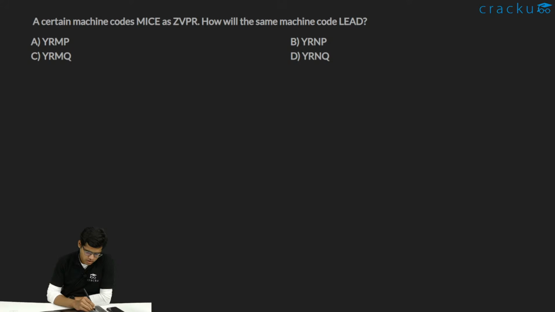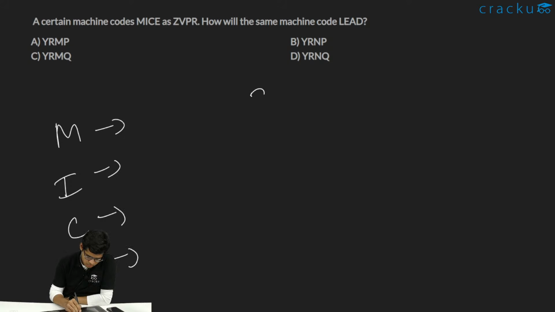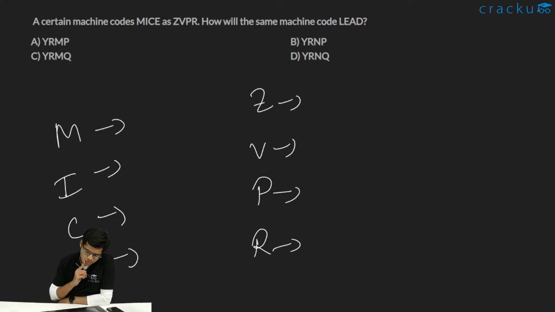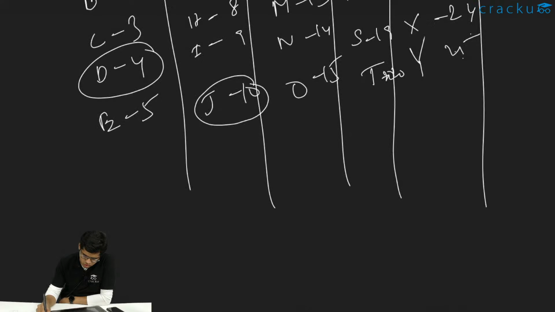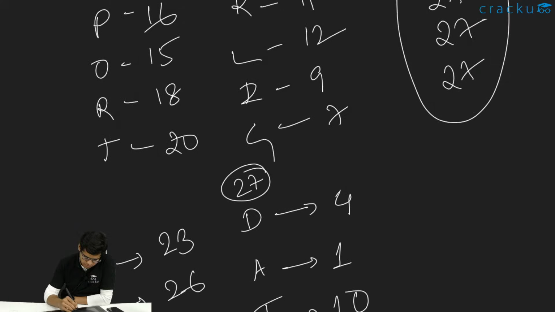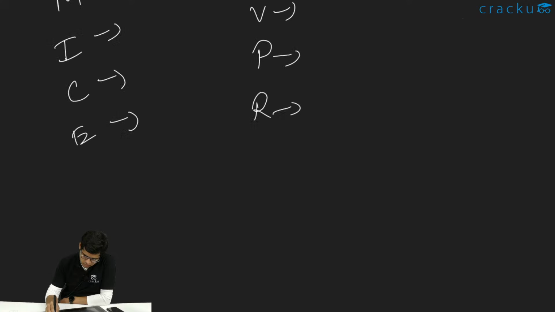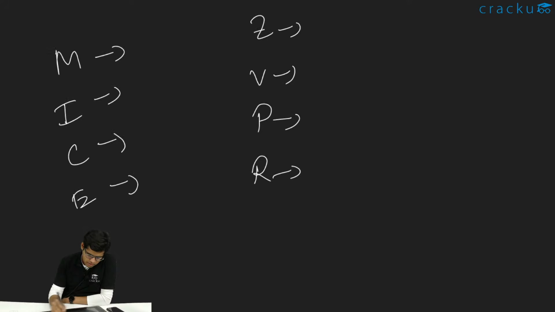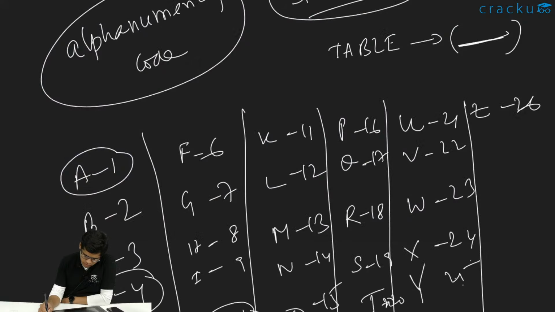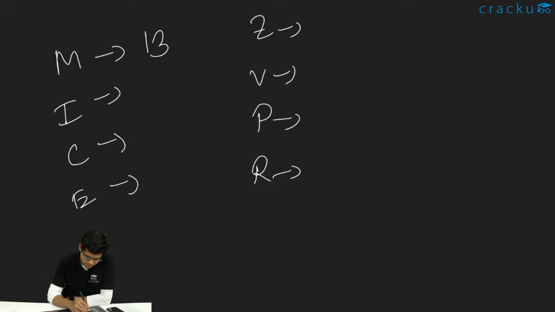Okay, let's see. MICE is coded as ZVPR. Let's see the table again. M is 13, I is 9, C is 3, E is 5.